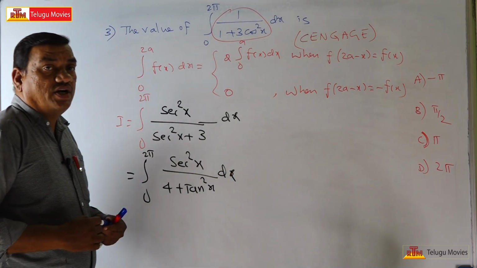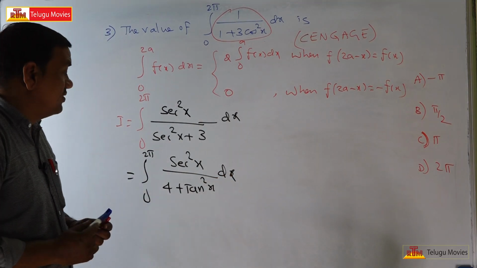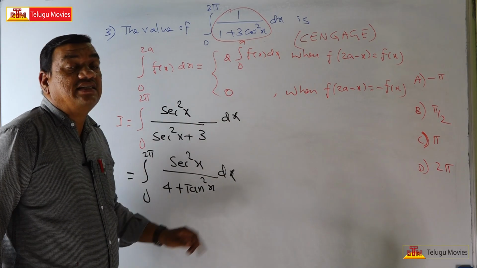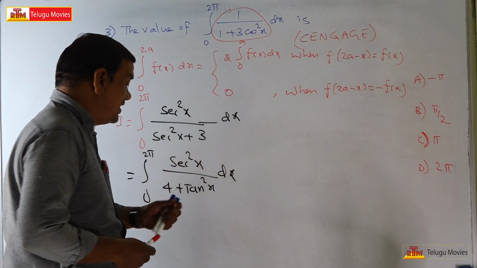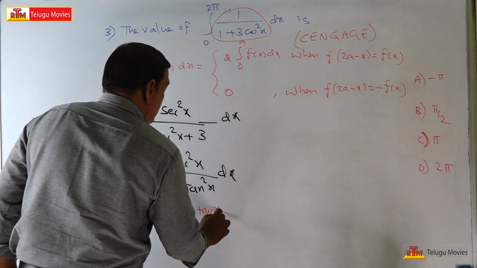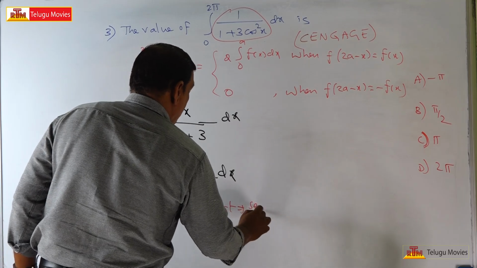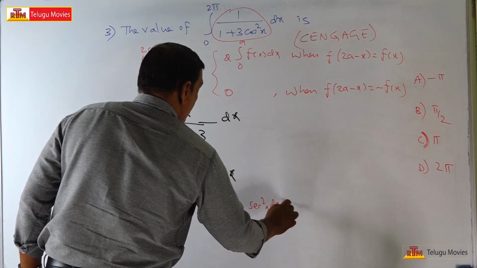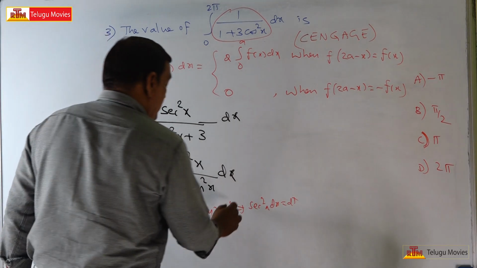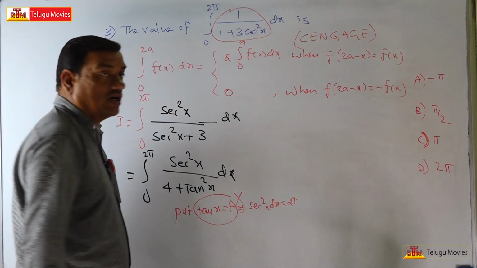Here students start making a mistake. They put tan x is equal to t, therefore secant square x dx is equal to dt, and they start doing the problem. You should not take it like this. Why?